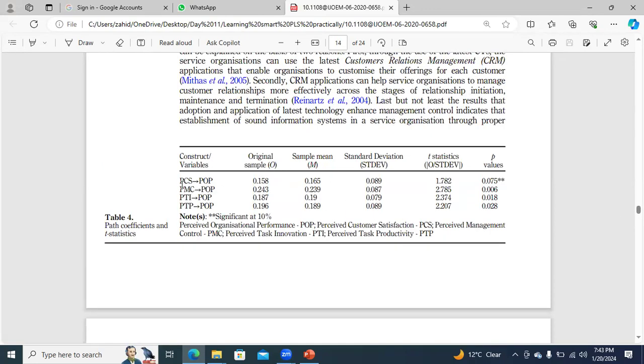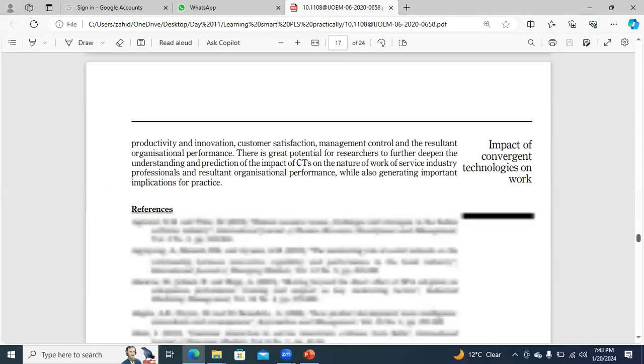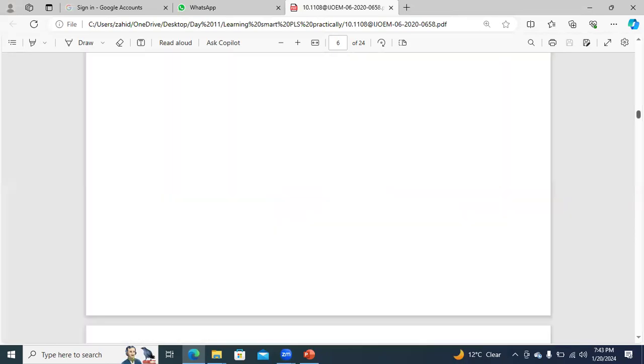It indicates the path between PCS and POP is positive, and it is weakly significant because the t value is less than 1.96, and it is significant at 10% level. In the same way, if the t value is greater than 1.96, it is highly significant. So these are the tables which are required in different papers.